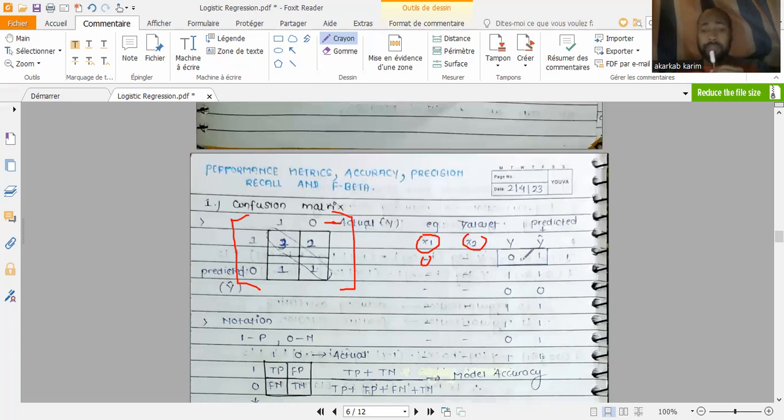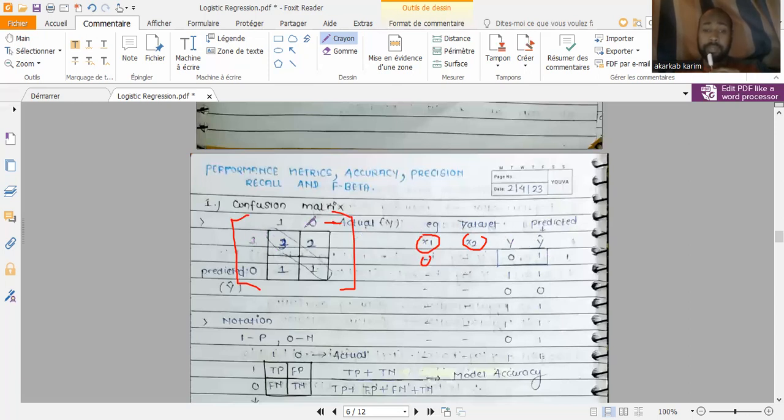If we consider the first row here, the actual value is 0, but the predicted one is 1. That means this prediction is wrong. Here, as I said before, we have actual value and predicted value. The actual value is 0 and it is predicted as 1.